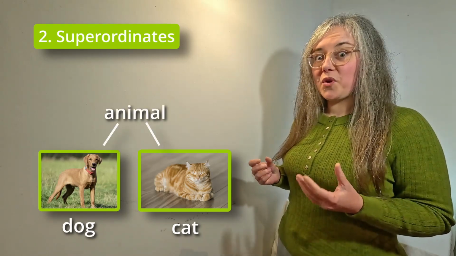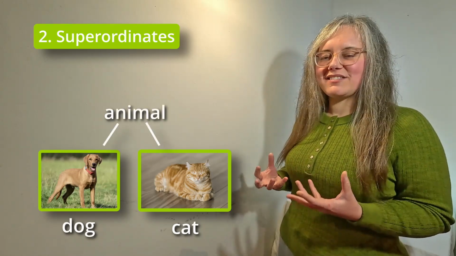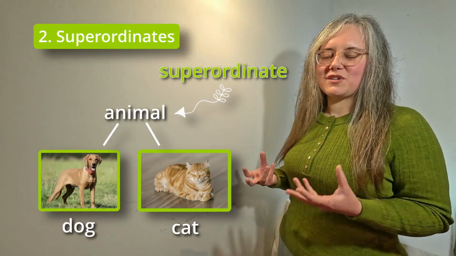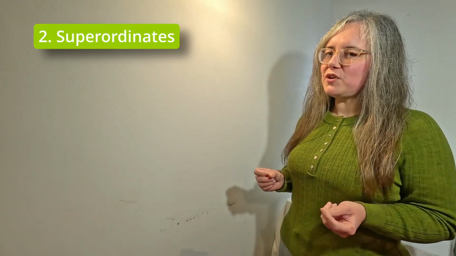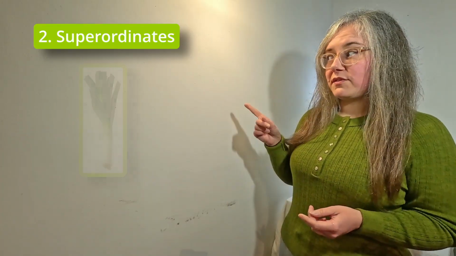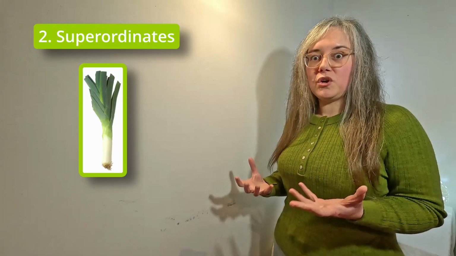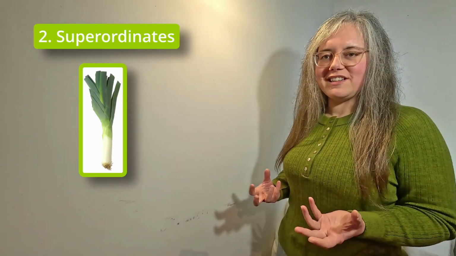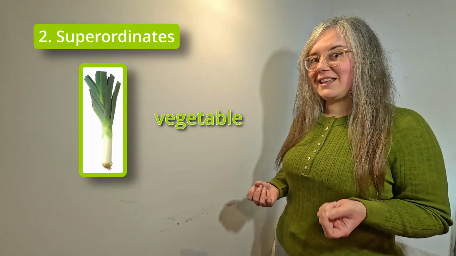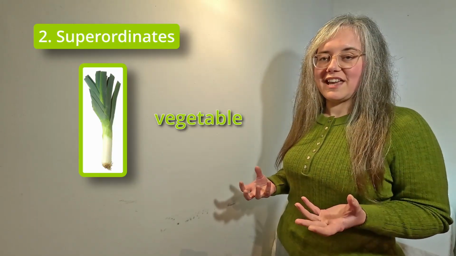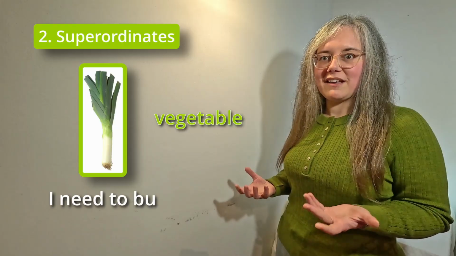So, the word animal is the superordinate for dog and cat. So, if you don't know the word for this, you could just use its superordinate, vegetable. So, in a sentence, you could say, I need to buy some vegetables.